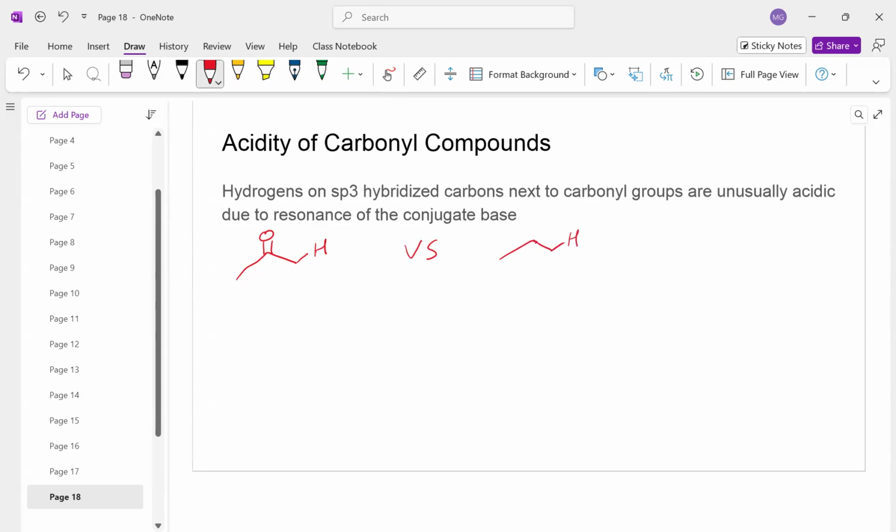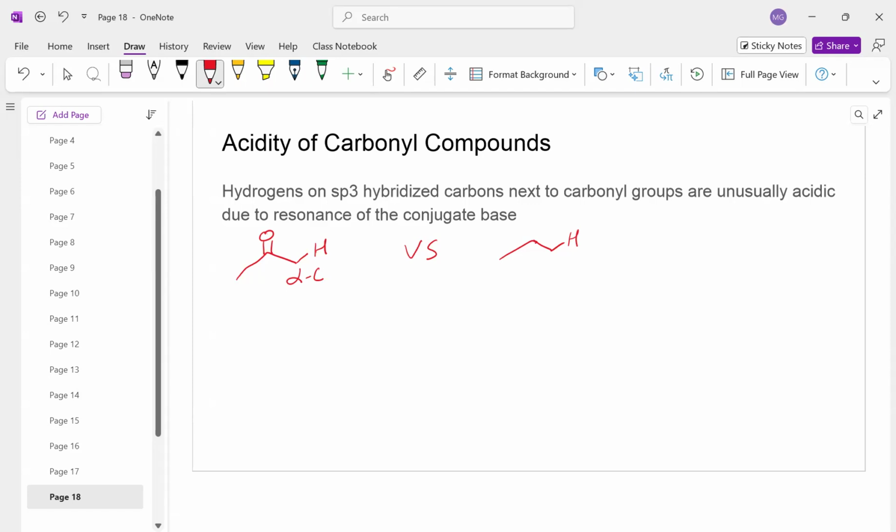And that's when there are hydrogens on sp3 carbons next to carbonyl groups. We call those alpha hydrogens because they're on an alpha carbon, alpha just meaning it's the first carbon outside of that carbonyl, that carbon-oxygen double bond.